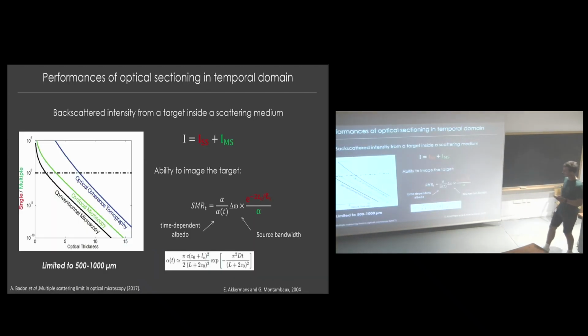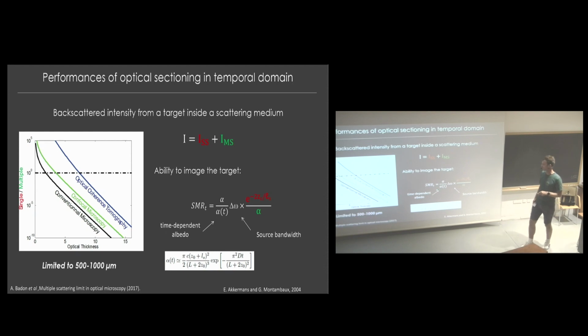Okay, I did not put two-photon microscopy on this graph because it's rather complicated to compare. But if you now use optical coherence tomography, which actually combines optical sectioning in space and in time, you increase again your single to multiple scattering ratio by a factor which depends on both your source and your medium.